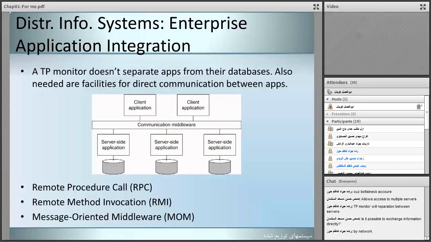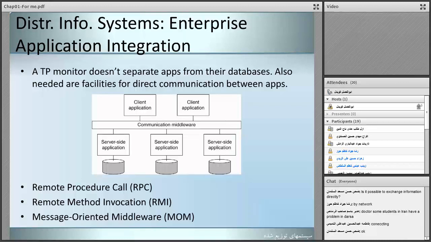For example, you are in the local network and you want to connect to the desktop of a different machine from your machine. So you connect remotely to the desktop. It is an example of a remote procedure call. It means that you call a procedure on the destination machine, and it is executed for you.